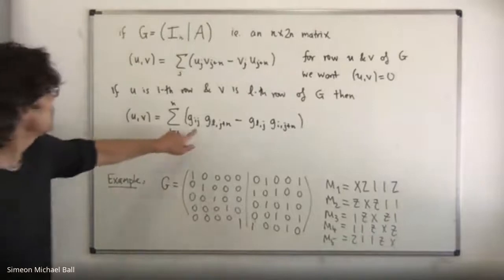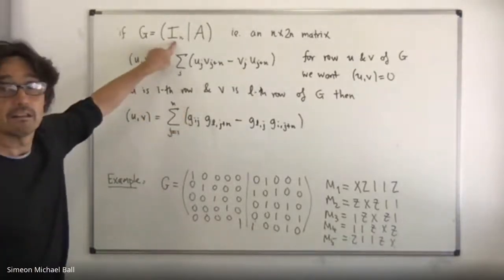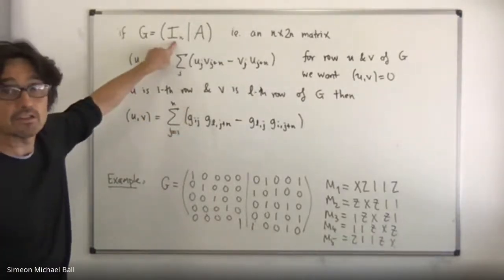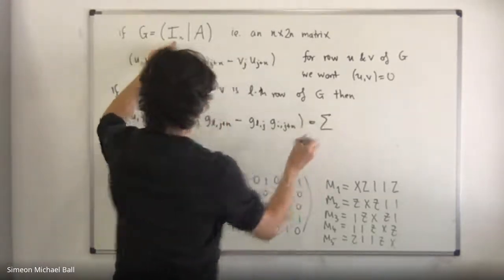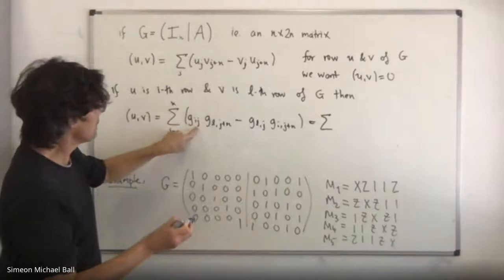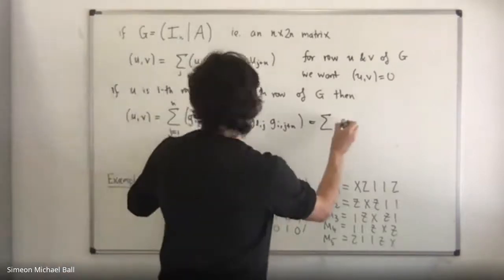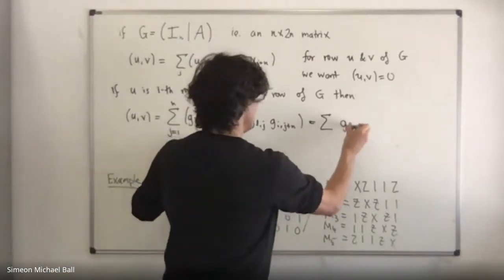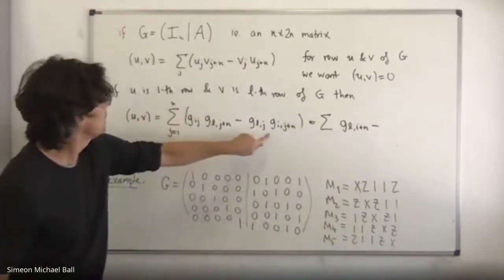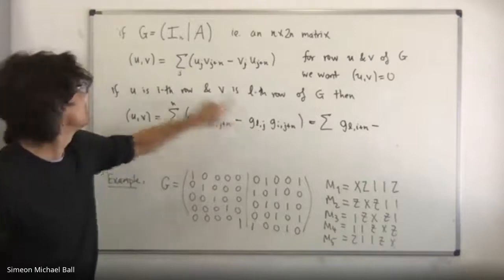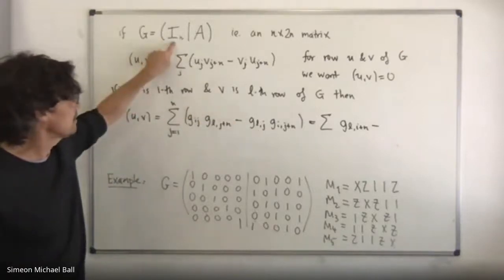But what's G_ij? That's just delta_ij. So this is the sum where i would be equal to j, so this is going to be 1, so that's just G_{l,i+n} minus, and likewise here, this G_lj is 0 if it is delta_lj.